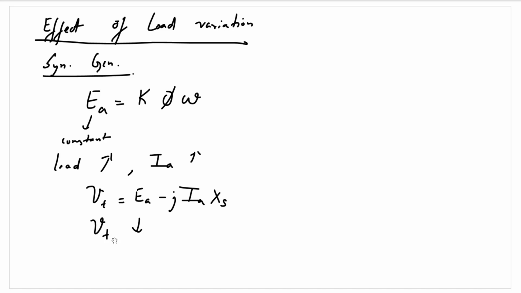A clearer perspective can be drawn from the phasor diagram. Let's see what the phasor diagram tells us about the change in voltage with respect to the increase in load. Let's assume first a lagging case.